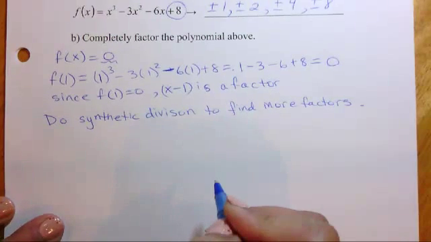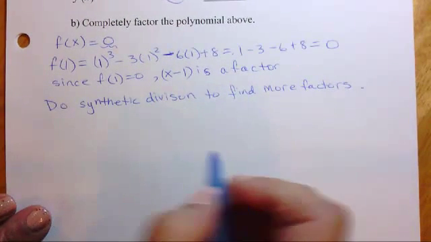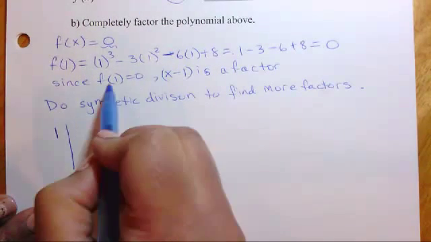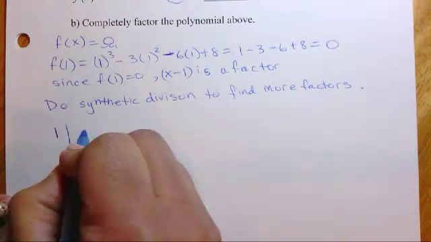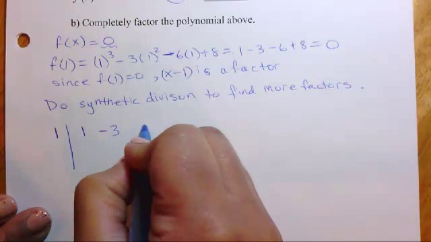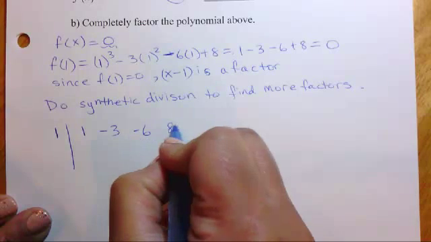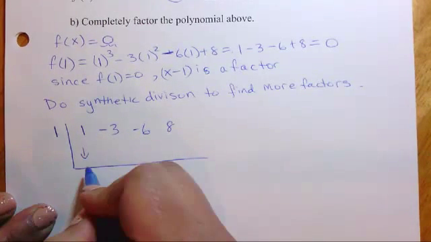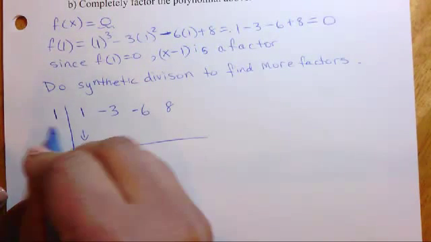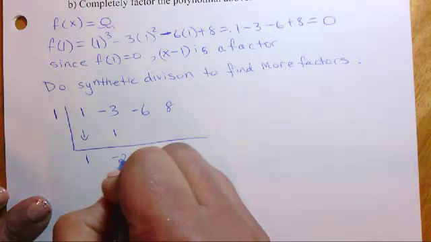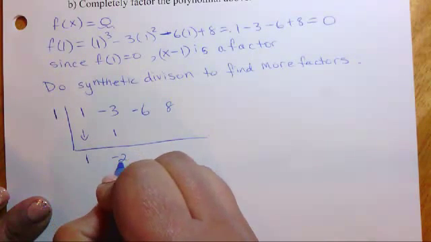If you recall how to set up synthetic division, you write down your 1 there, and the coefficients of your polynomial, so 1, minus 3, minus 6, and 8. Then I'm going to pull this 1 down, take that, multiply, add as I go down, and multiply this and this.